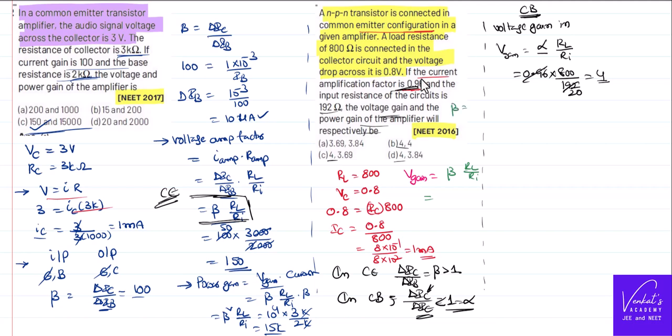Once alpha is known, beta equals alpha by 1 minus alpha, that is 0.96 by 1 minus 0.96, that is 0.96 by 0.04, that equals 96 by 4, that equals 24. So voltage gain is 24 into 800 by 192. 24 eights are 192, so 800 by 8 is 100. So voltage gain is 100, but none of the options are carrying that 100.